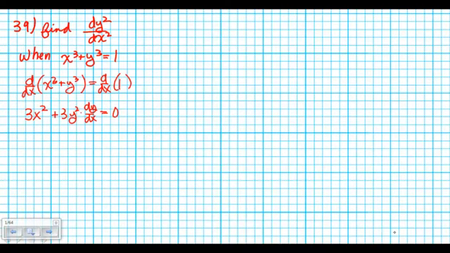How are we doing so far? Good. Okay. Now, what we'd like to do is isolate the dy dx. And to do that, we're going to take the 3x squared onto the other side. And now let's divide both sides by 3y squared.